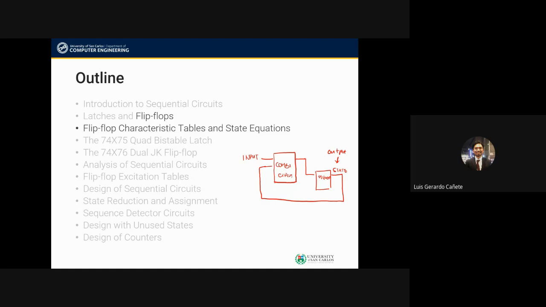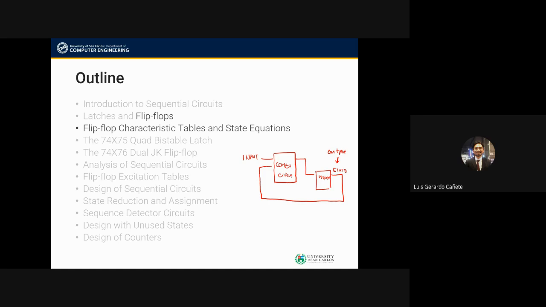Because that's like saying that I am in state A, and if I have this input and it's equal to 1, then I will go to state B. But if I'm in state A and the input is equal to 1, then I will go to state C.